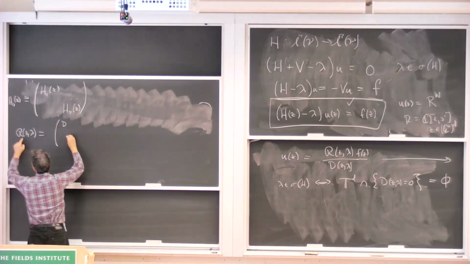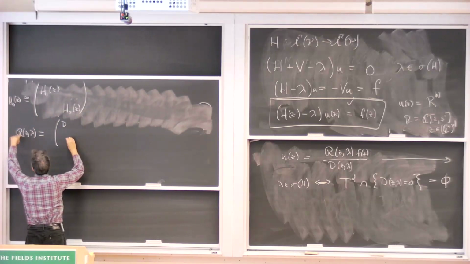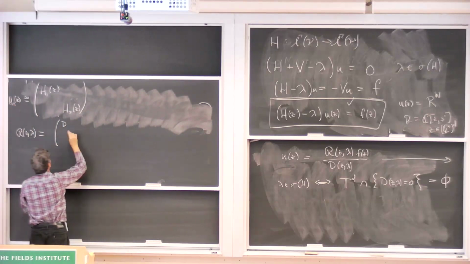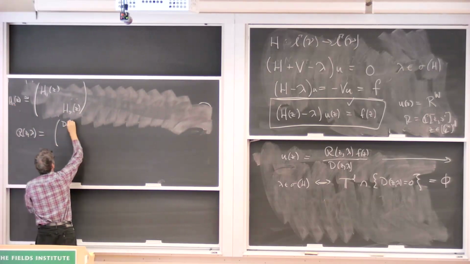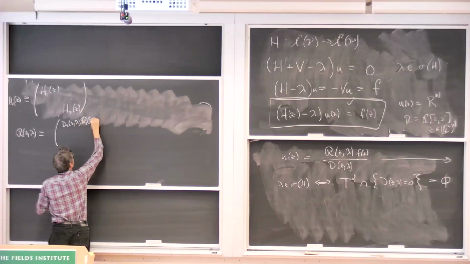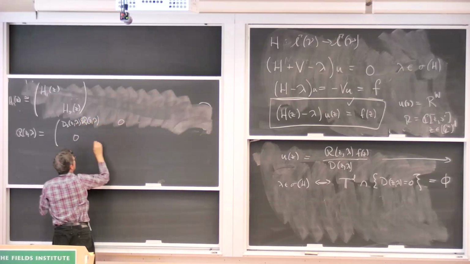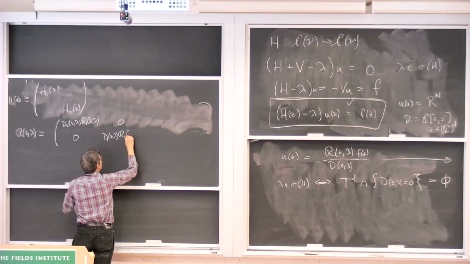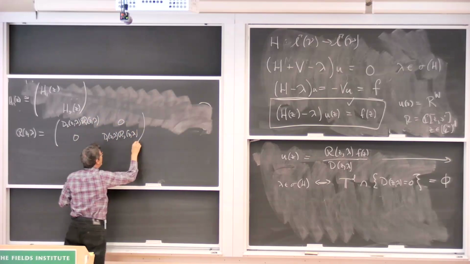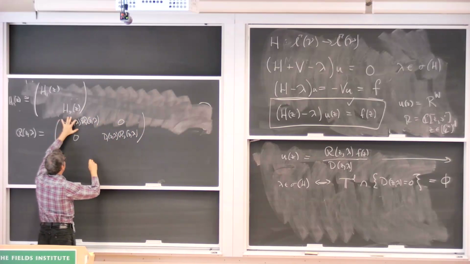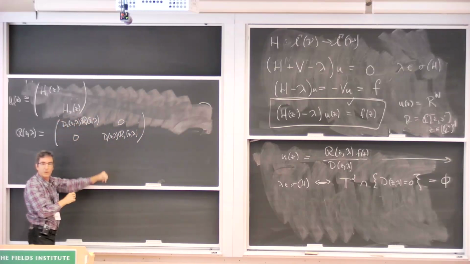And so the adjugate R of this H is now D2 of Z lambda R1, 0, 0, D1 of Z lambda R2. The reason, of course, is that if I divide this by D1, D2, then this goes away and I have the R1, R2.